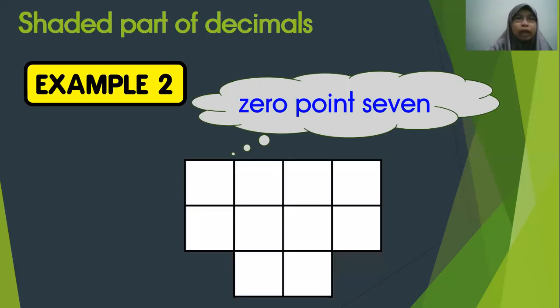Same as just now, we need to have 10 parts. So we must color 1, 2, 3, 4, 5, 6, 7. So it refers to the word 7. So we color 7 parts.